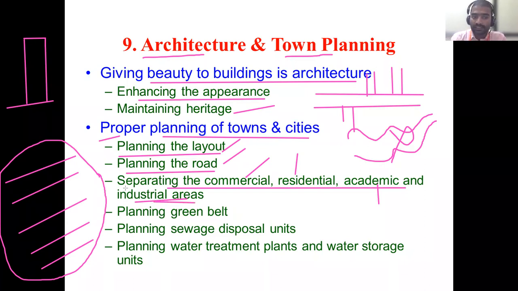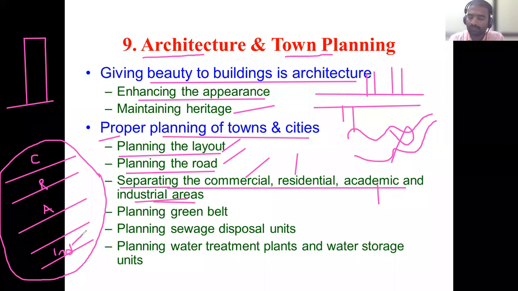So this is separation. Some area will be meant for commercial, this for residential, this for academic, and the industrial area will be provided at the end of the city.